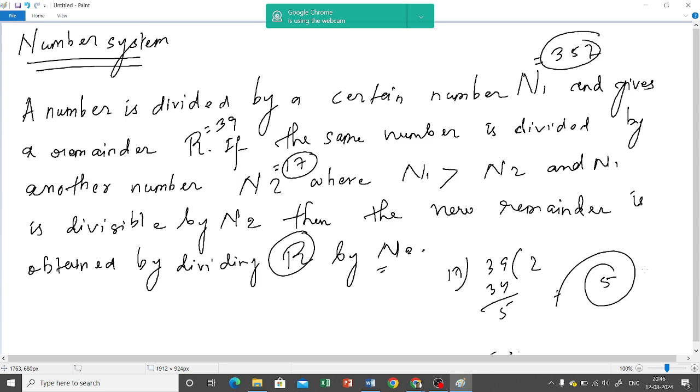If the same number is divided by 8, then the remainder will be.